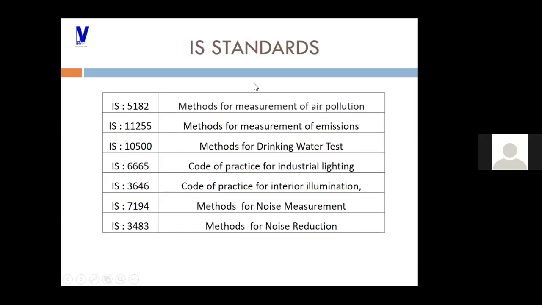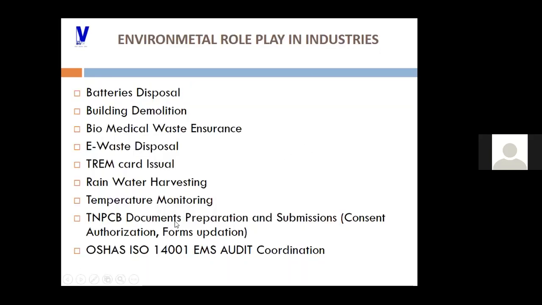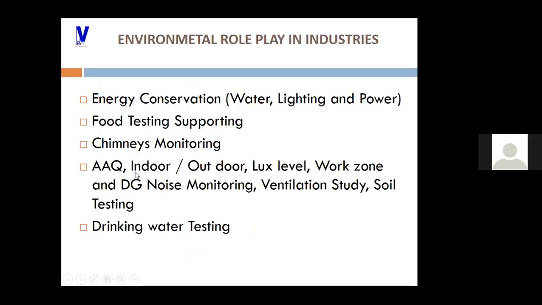And apart from some of the IS standards, I initially told you about annual environment monitoring. This is one of the major tasks in all kinds of industries, because it clearly mentions what environmental analysis needs to be done. These details are mentioned in our CTO.